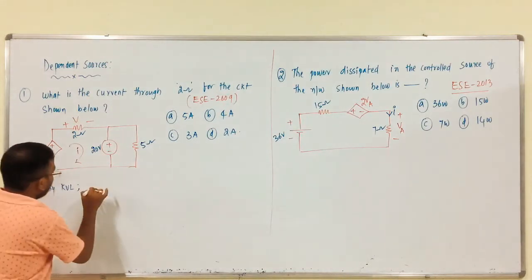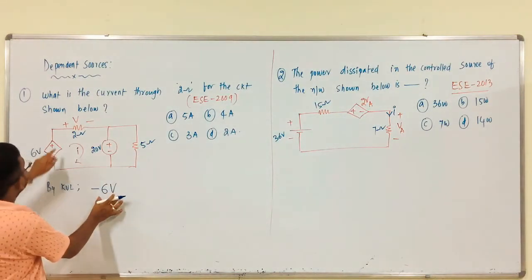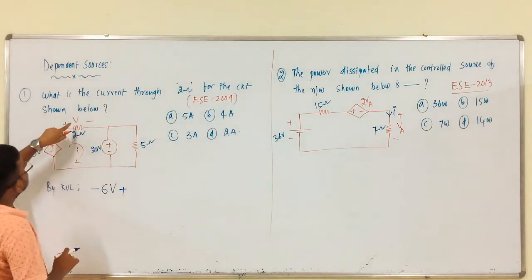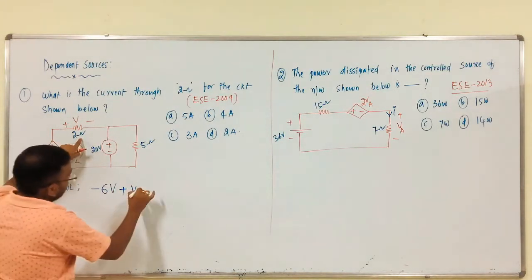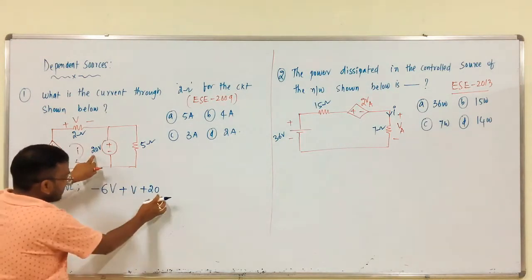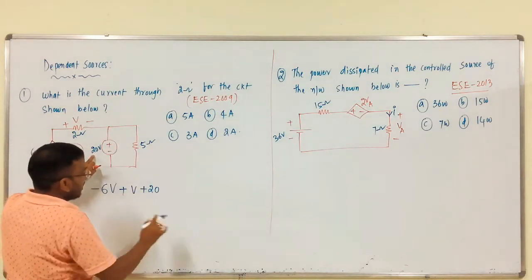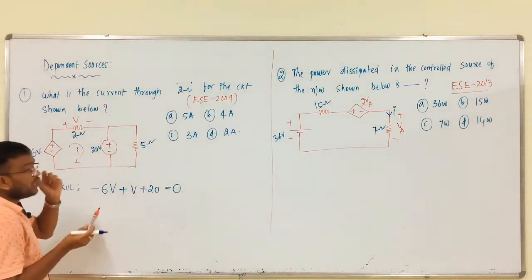So, minus 6 V, plus the voltage across this branch, that is V, plus 20. This 20 is the independent voltage source value, which is equal to 0. So, like this we have to write with respect to dependent sources.